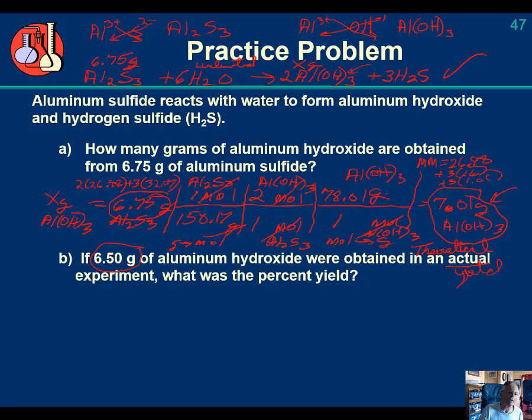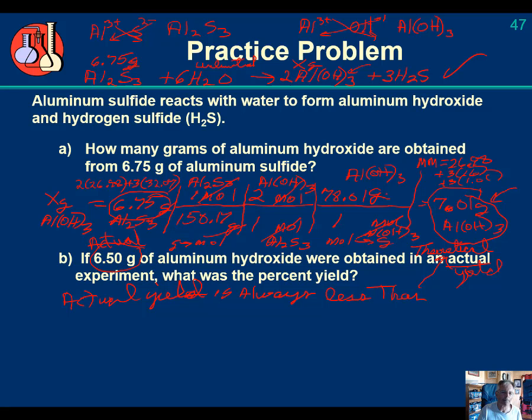This is the actual yield, which is always less. So the actual yield is always less than the theoretical yield.